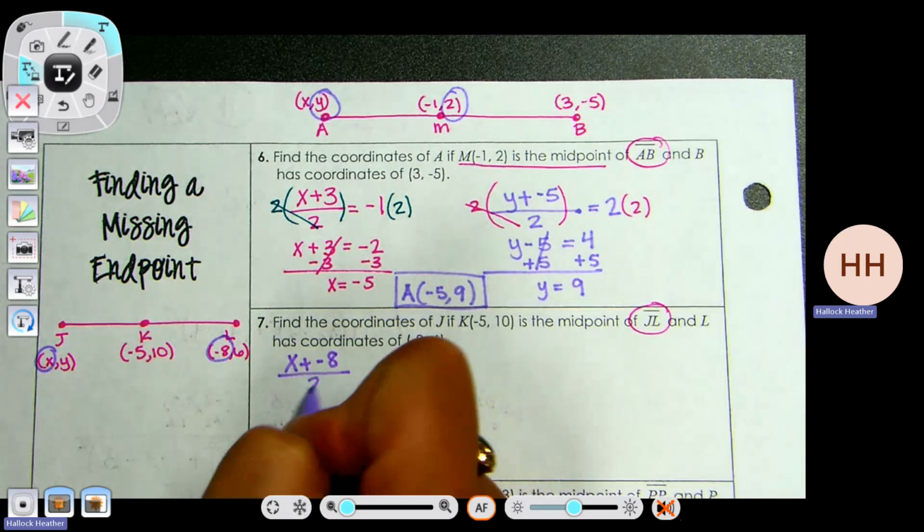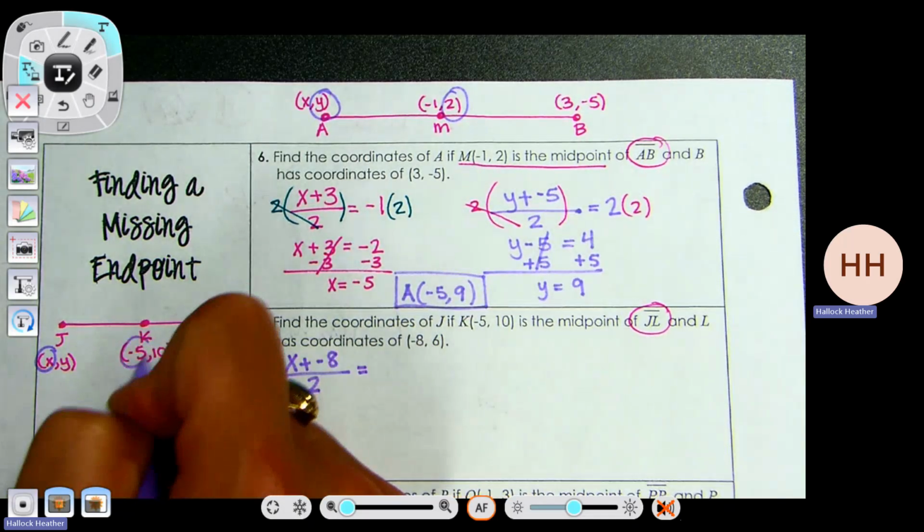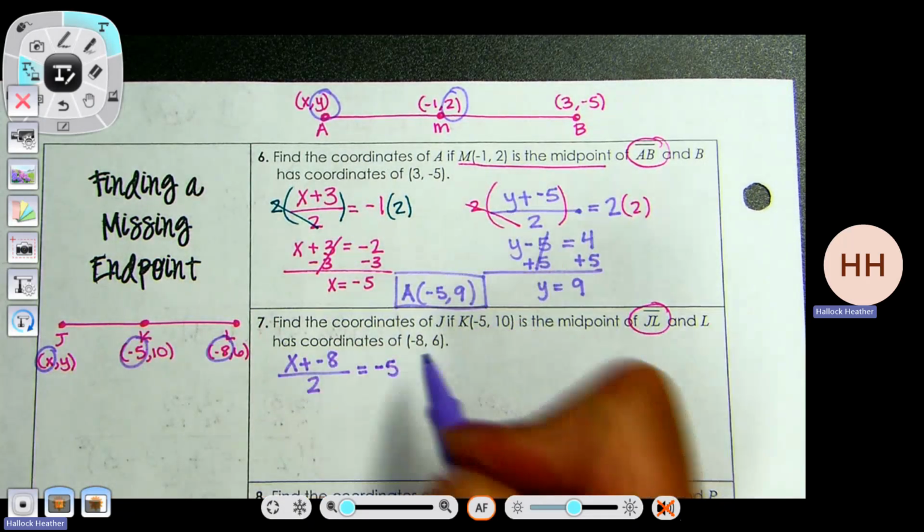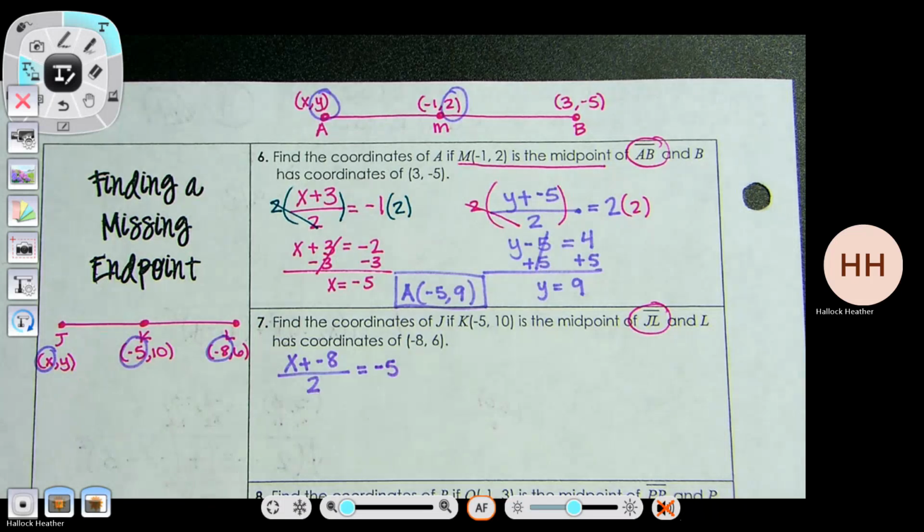You're dividing by 2, and it equals the middle, which is -5. You're also going to set the same equation for y. You're taking the end values, y and 6. You're going to add them together. You're going to divide by 2, and then it equals 10.